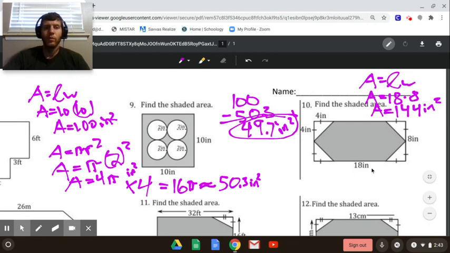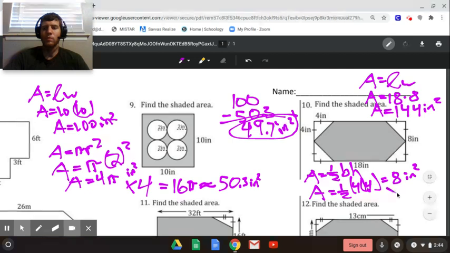But we have 4 triangles, so we have to do area equals 1/2 base times height for a triangle. These triangles have bases of 4 and heights of 4. So 1/2 times 4 times 4 is going to be 8 inches squared. There are 4 of them, so we multiply by 4.